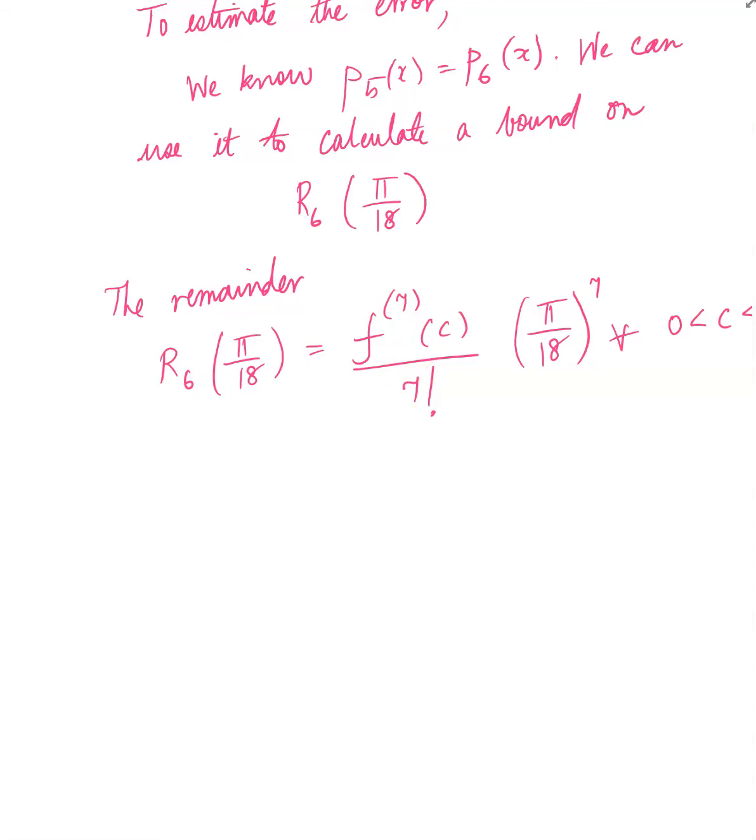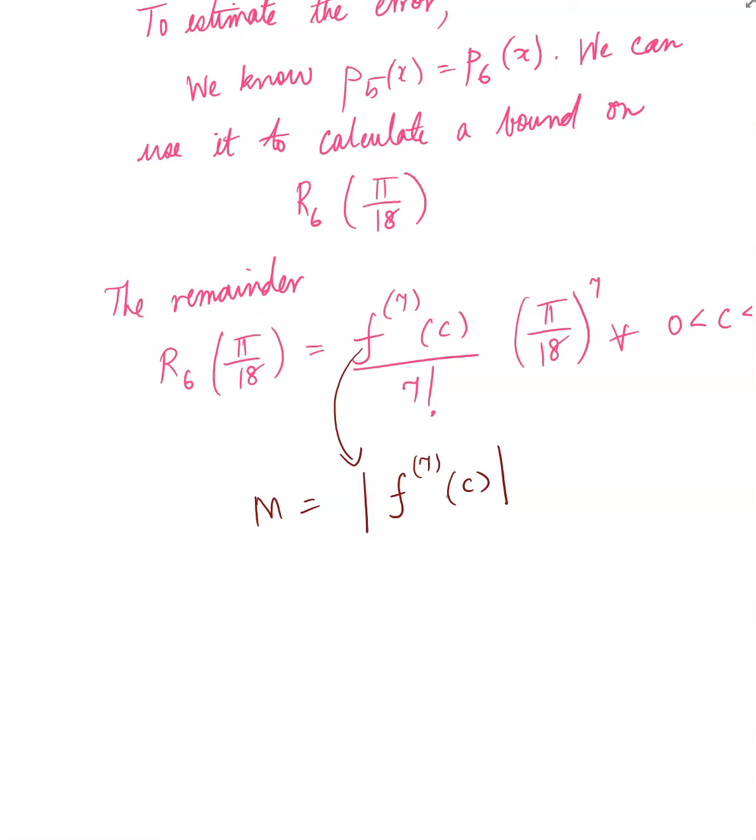Now, if you recall, we use the absolute value. So M will be the maximum value, which is found by taking the absolute value of the seventh derivative of c. And it doesn't matter what c is. We found that it was going between negative 1 and 1. Those were the two extremes.